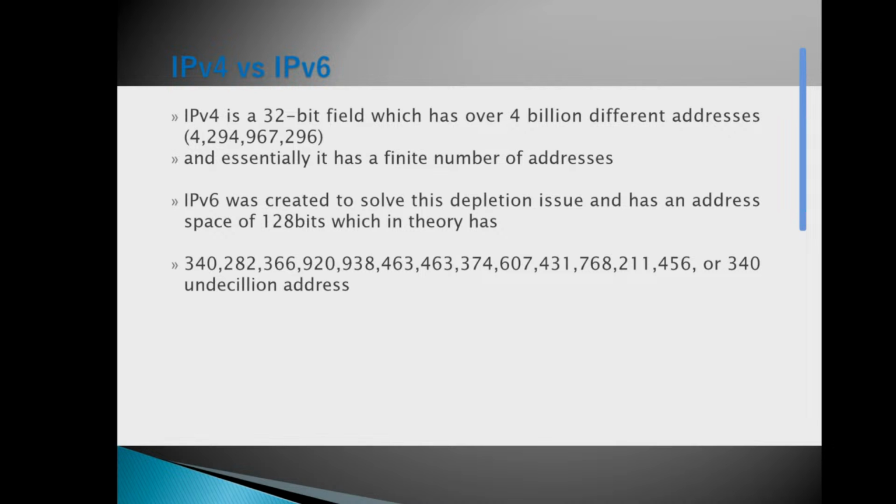Because there are some machines which are still working on IPv4. There are many systems which don't support IPv6. And if you are completely migrating to IPv6, you will not be able to communicate with the systems which support IPv4 only.